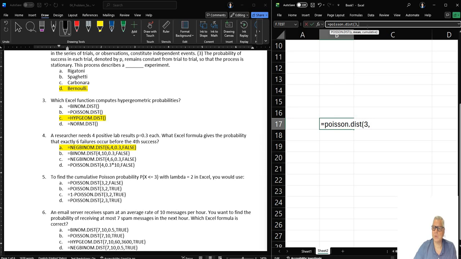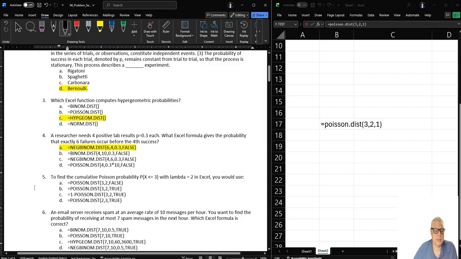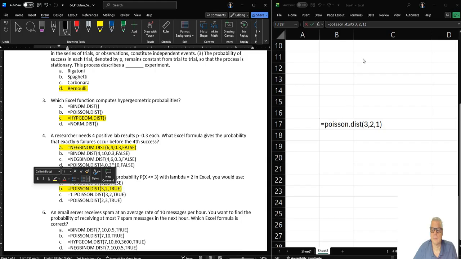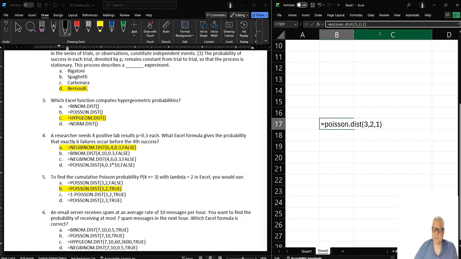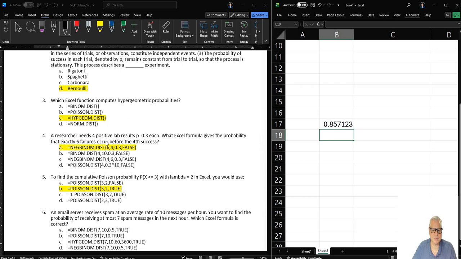Lambda is 2. And we wanted cumulative, because we want 3 or less. So that's 1. So we have to look for Poisson 3, 2, 1, and that is B. And if you press enter, we also get the probability, but nobody asked for that here.